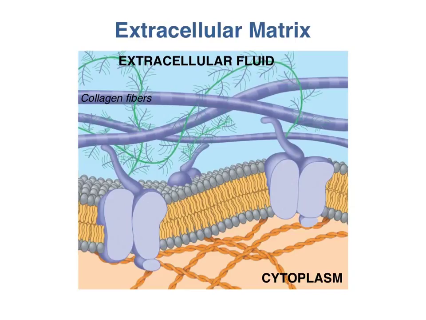Cells that stay in one place need to be anchored to this extracellular matrix of collagen fibers and other molecules. So integral proteins in the plasma membrane do this anchoring. They connect to the collagen fibers and hold the cell in place. They also connect to the cytoskeleton, and that's what these little orange ropes are.